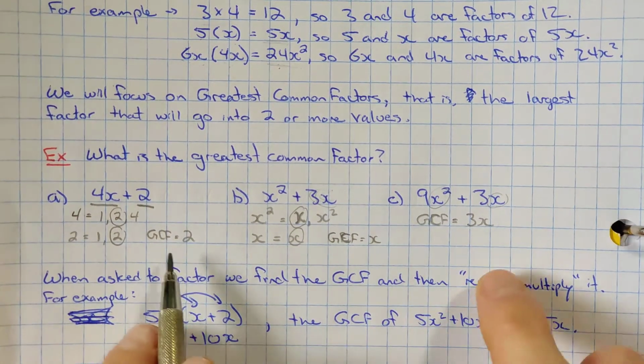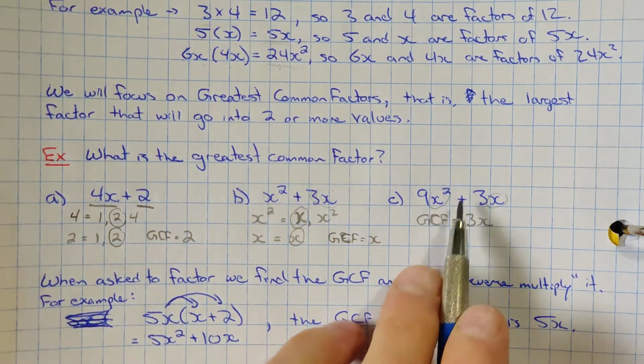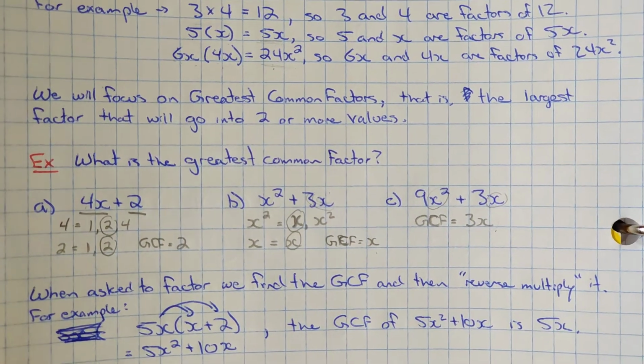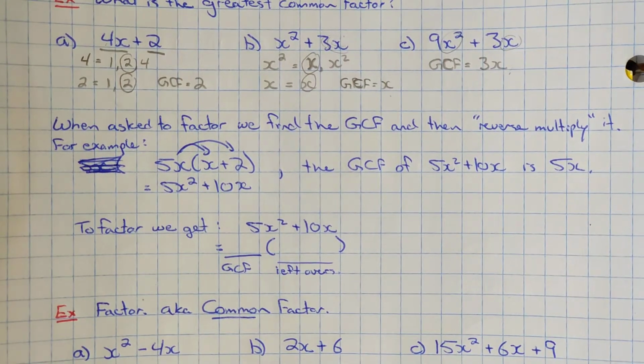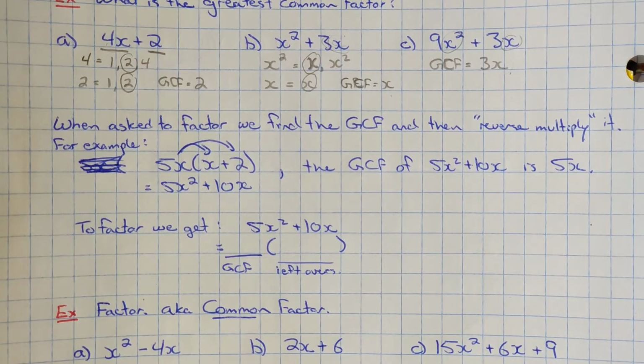So here we have our greatest common factor. In this case, it was 2. In this case, it was x. In this case, it was 3x. Now, when we're asked to factor in terms of algebra, what we want to do is reverse expanding.